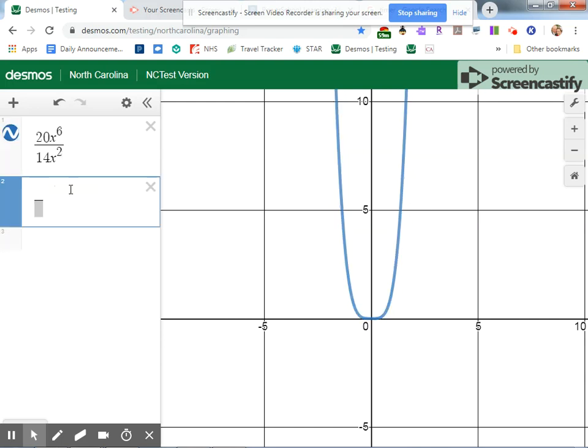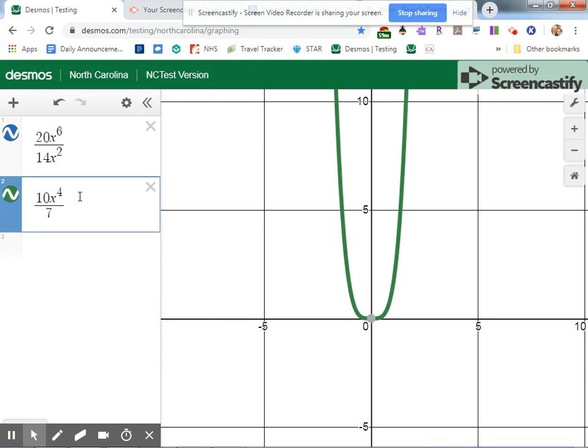Let's type in what we got for the answer, 10x to the 4th over 7. Okay, and notice I've shown you how to do this before. You click the color there, and it should look exactly the same. If it does not look exactly the same, then it's not the correct answer.